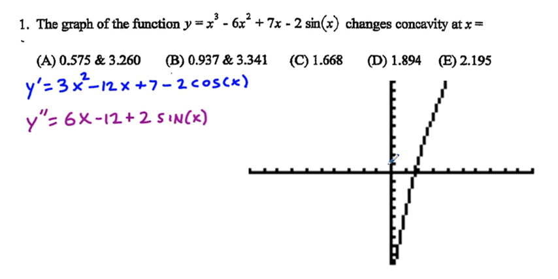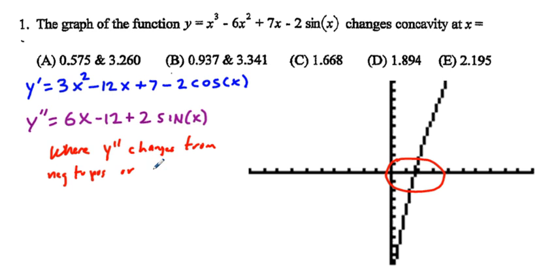And our change of concavity, this is the third level, is where y double prime changes from negative to positive, or from positive to negative.